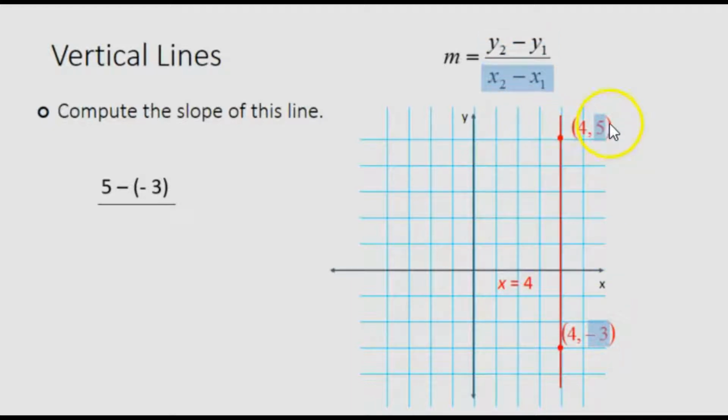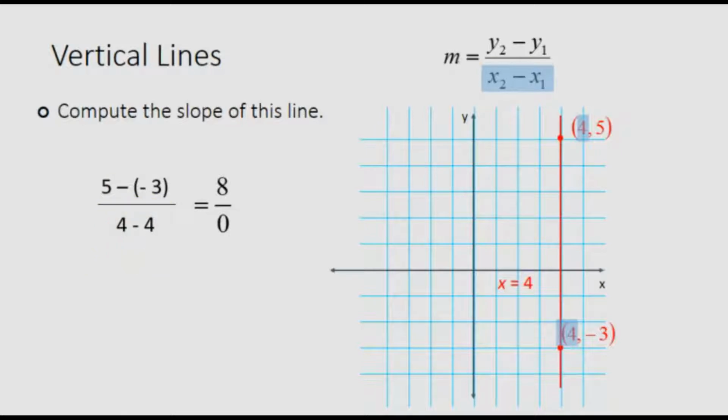Because we started here with this point, we'll start with the x, 4 minus 4 in the denominator. Simplifying, in the numerator, minus a negative is a positive, resulting in 8 when we simplify. 4 minus 4 is 0.